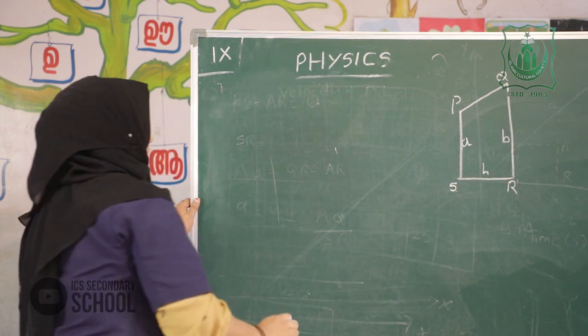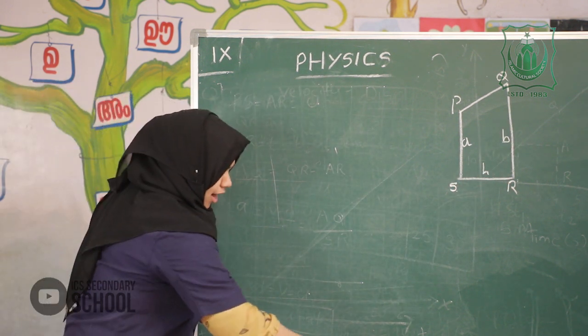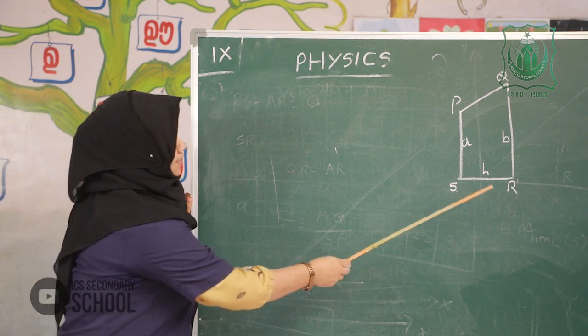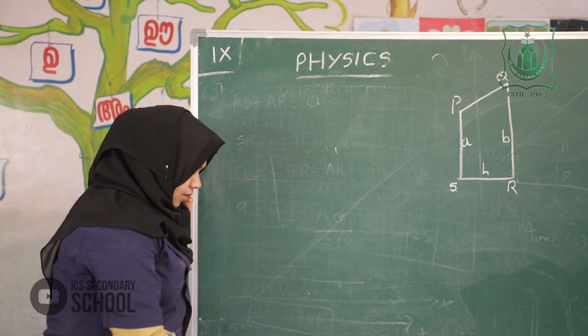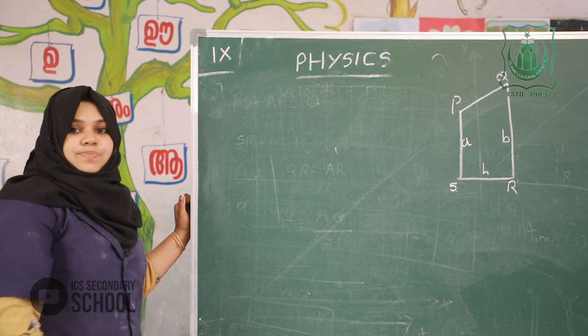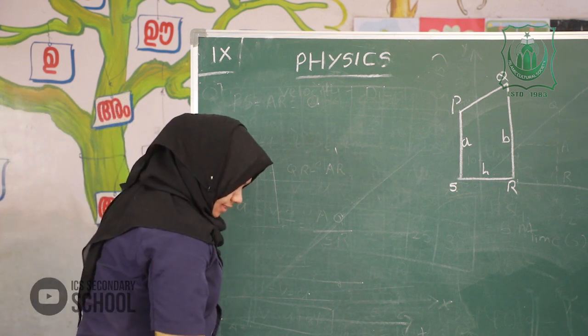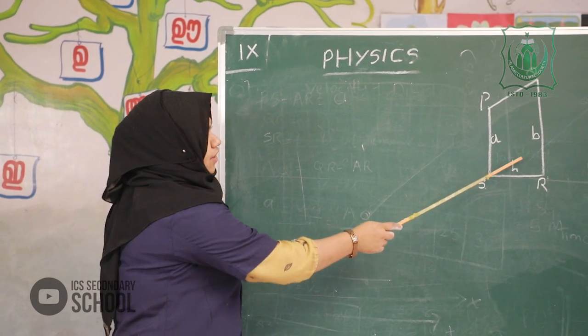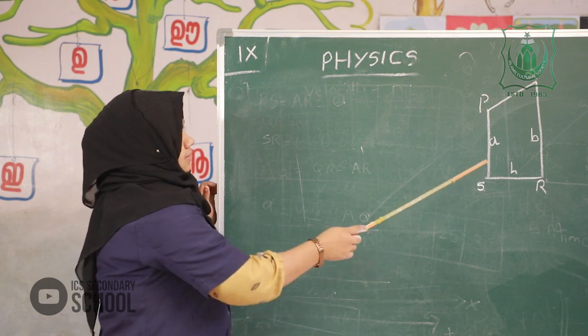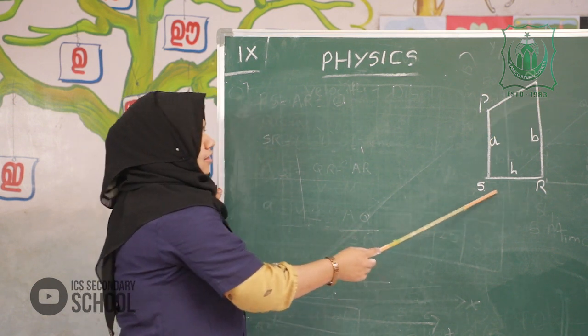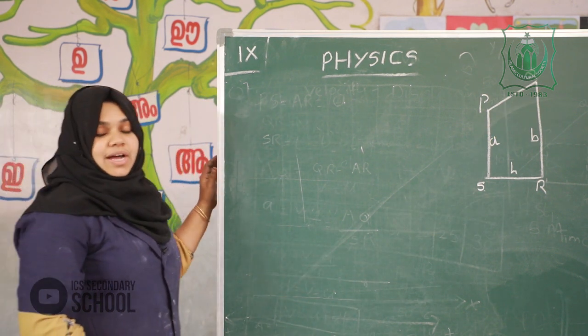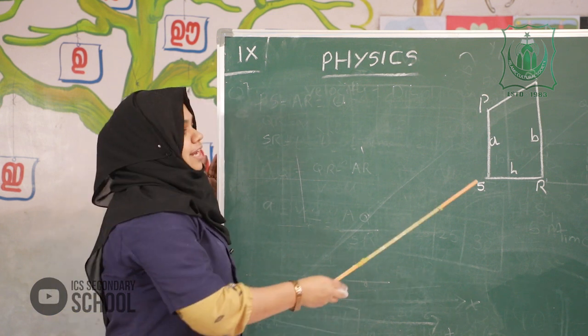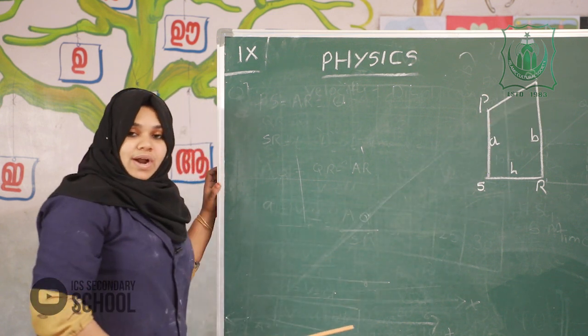This is how to calculate the displacement of this trapezium. We know that to calculate displacement of a particular object, it is enough to find out the area of this quadrilateral.